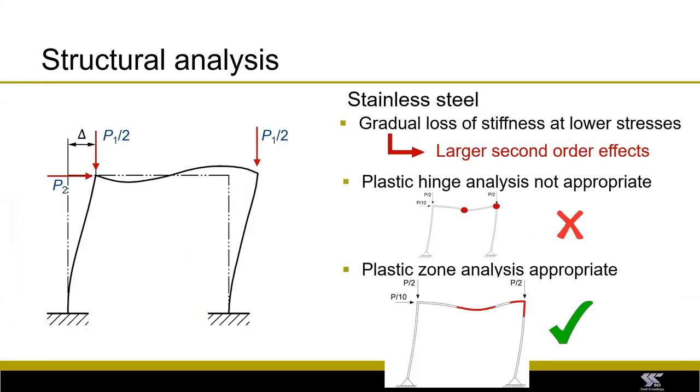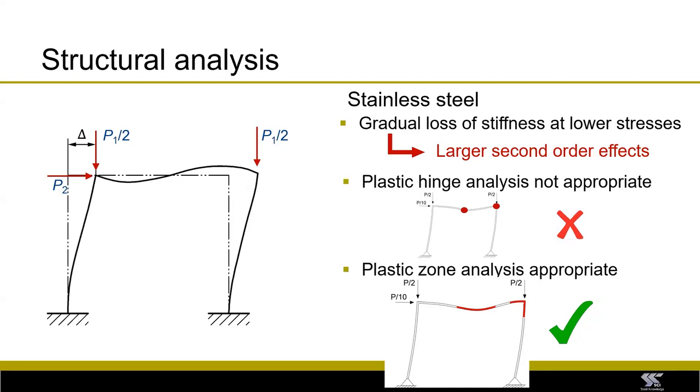Structural analysis. I don't think we've talked much about this, but again, the rounded stress-strain behavior of stainless steel means that frames made of stainless steel are affected by larger second-order effects. So if you compare the design rules for carbon steel and stainless steel frames, you'll see that there are some differences in the way these effects are calculated. And there's also a lack of yield plateau for stainless steel.